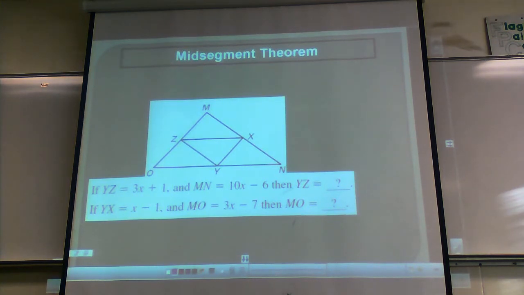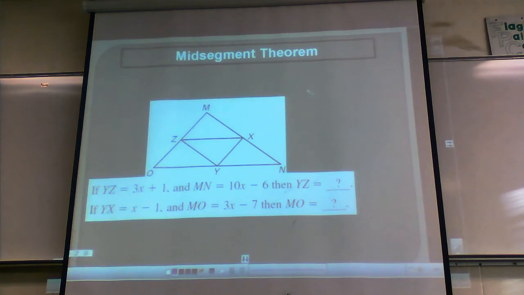So assuming that I'm telling you those are all the midpoints, and the question is asking you to find the length of WZ and the length of MO, you should be able to do it because you would know that that line right there is a mid-segment, like ZY is a mid-segment, ZX and XY. Those are all mid-segments, so they're connected mid-segments.